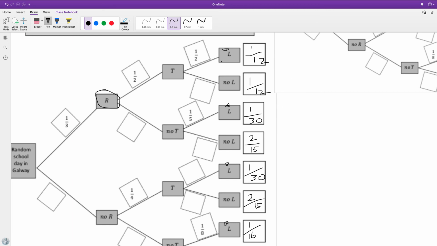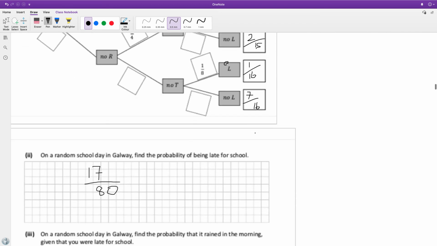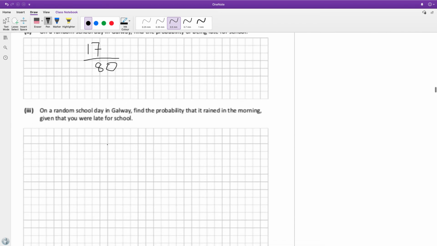He was late on 2 occasions, here and here. So R intersection L is equal to 1 over 12 plus 1 over 30.